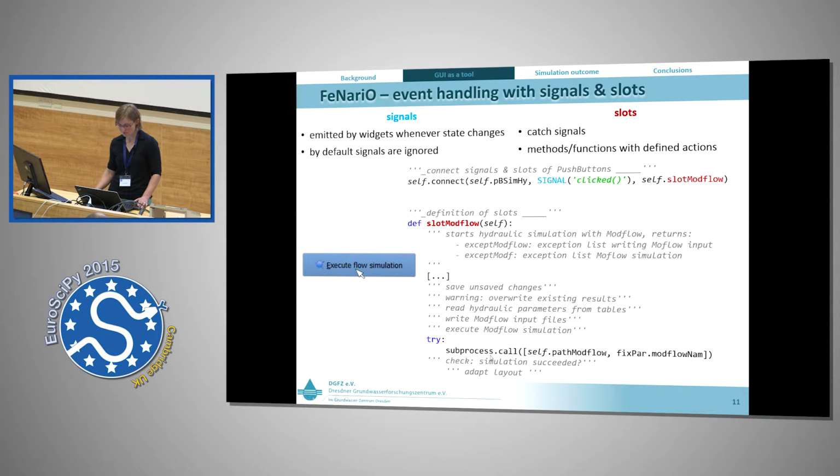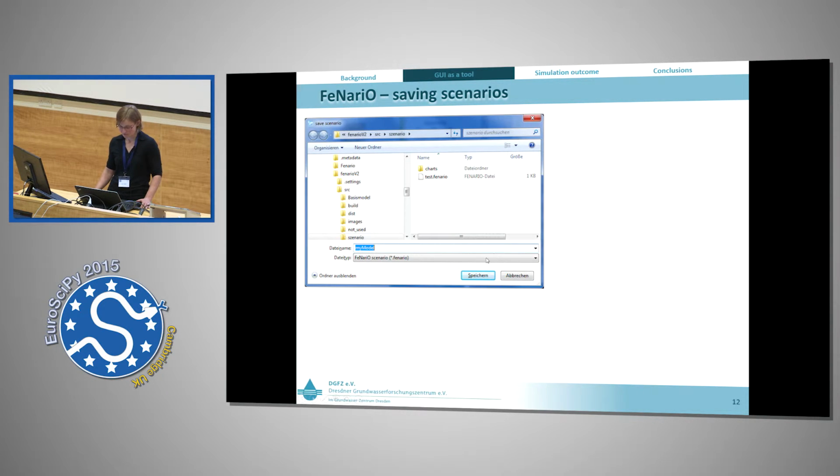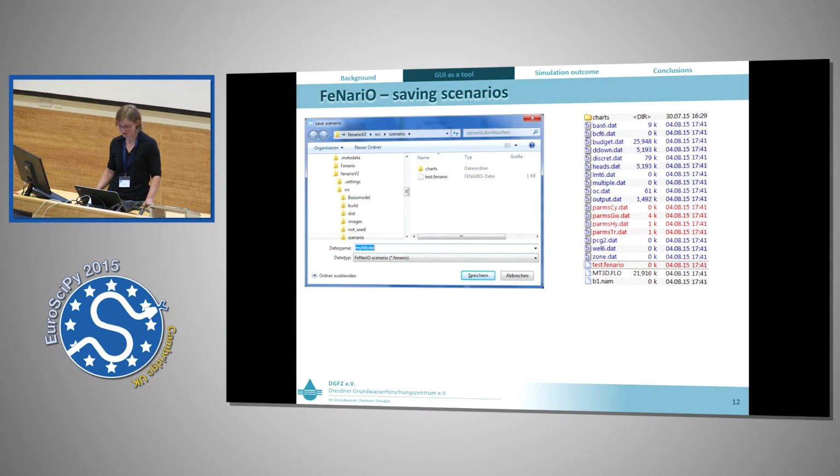And I use the subprocess call to run ModFlow in the background. There's a lot of other things happening here, which I just commented out. Finally, after ModFlow is finished, you will get this message. And you can also save your different scenario runs, give it a name, and there are binary files, which are here the red ones, that are created from the Finario software.